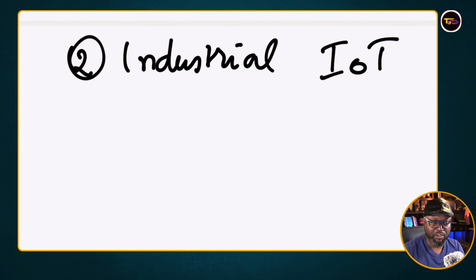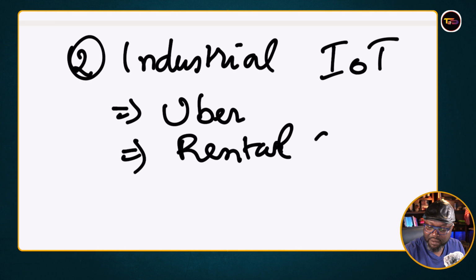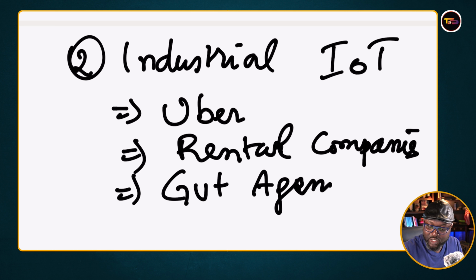Their cellulars connected to their cloud platform environment, and companies like Uber use some of these too, and then you have rental companies, big companies, or even governments or government agencies. They also use this and more.